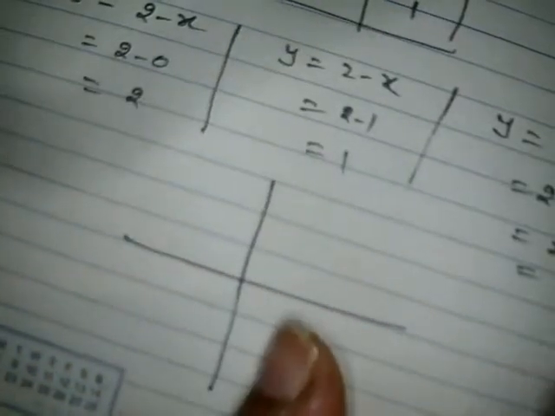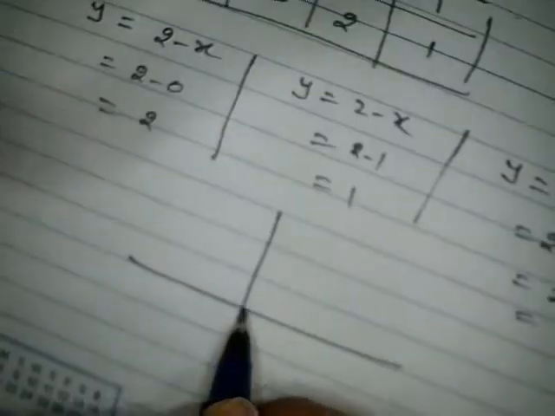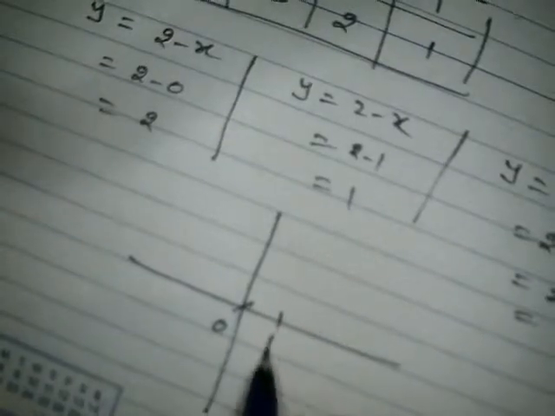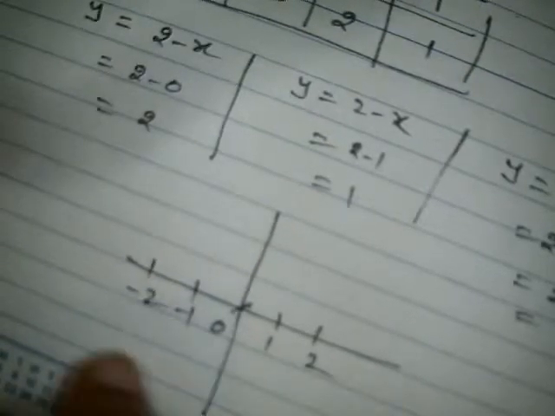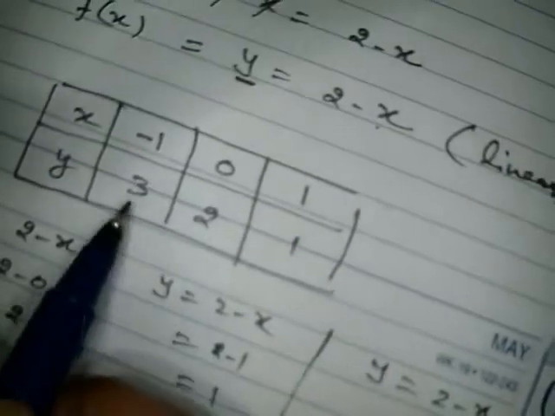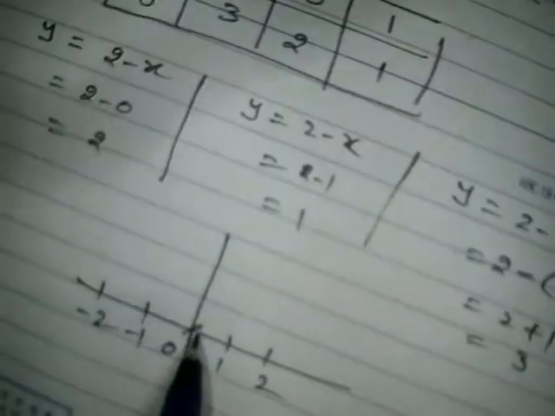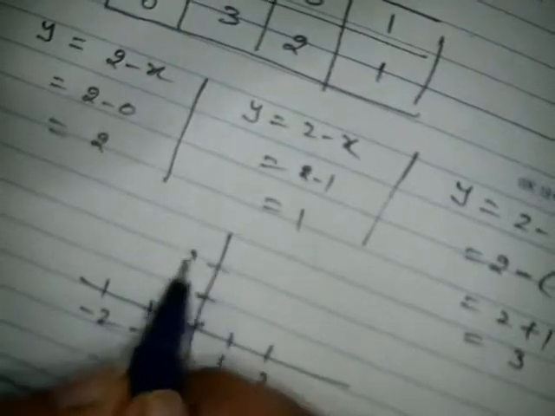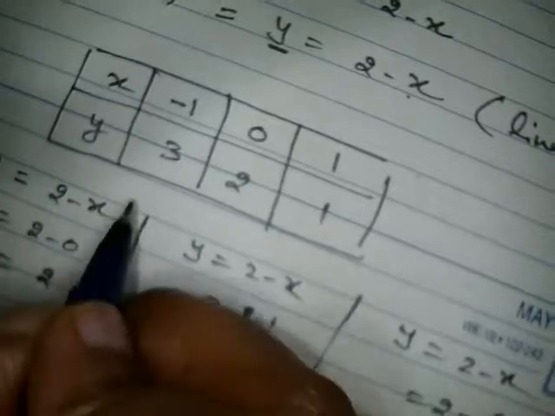So I am going to mark 0, 1, 2, and -1, -2. I have marked the x-axis. Now the y values vary from 1 to 3, so I need all positives. So this is 1, 2, and 3. Now I need to mark the coordinates: -1, 3, then 0, 2, and 1, 1.